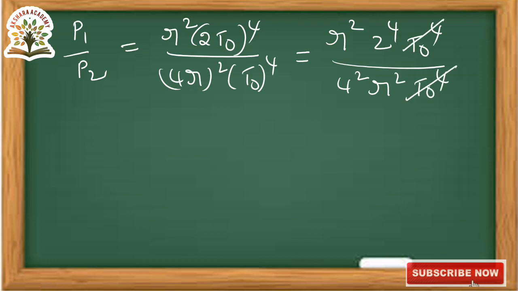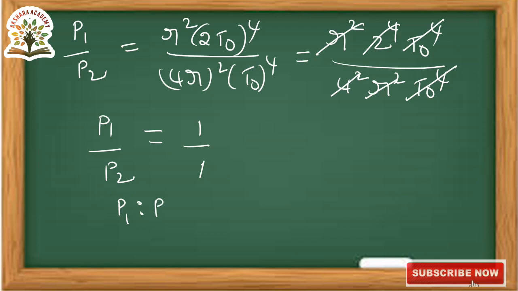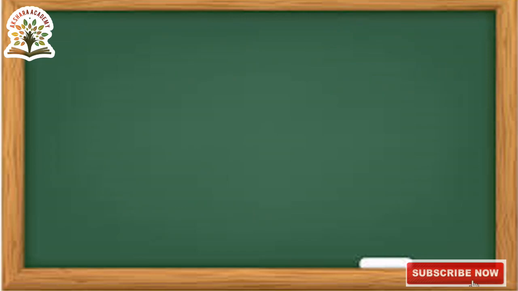T naught power 4 cancels, R square cancels, and 16 also cancels. So P1 by P2 is equal to 1 by 1. The ratio of P1 to P2 is 1 to 1. Okay, this is the final answer. Next we will go to the next question.